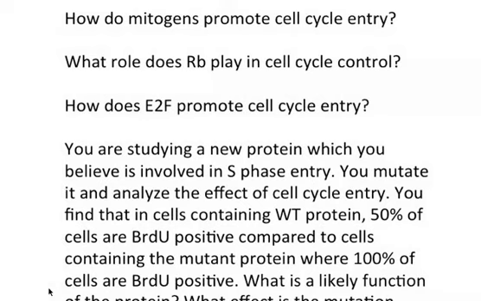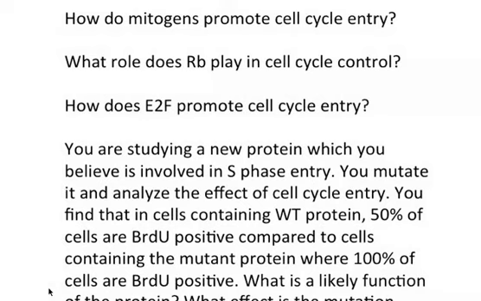And so all the cells that have integrated their BrdU into their DNA are going to be red, and those that haven't won't be red. So cells that are BrdU positive are what? What did they just do? They just went through S phase, right?